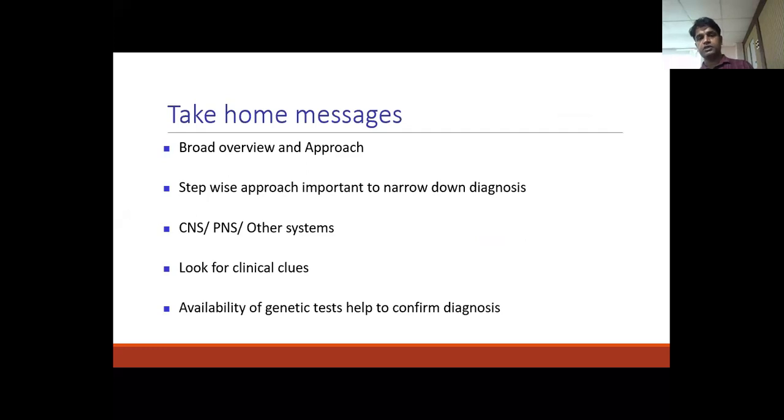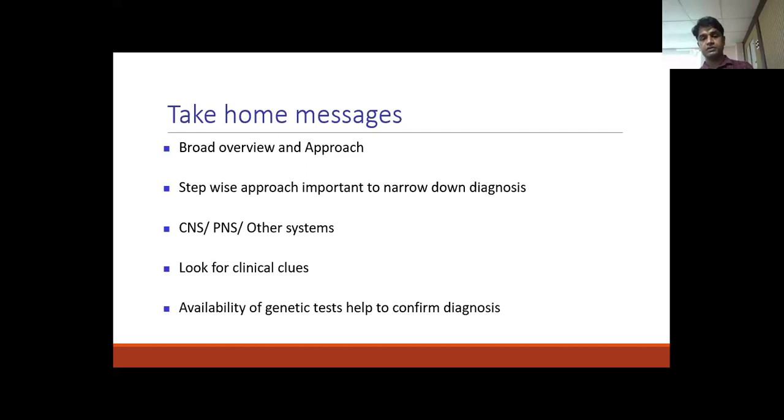We then narrow down the diagnostic possibilities using this CAPE acronym, and that is part of all the neurological conditions. You can use that acronym, be it stroke, muscular dystrophy, whatever it is, and look for clinical clues. What we haven't mentioned is the availability of genetic tests, which recently, at a low cost, have helped to confirm diagnosis at an early stage.